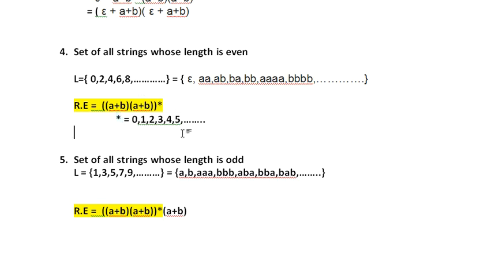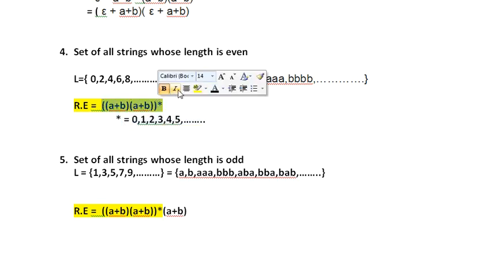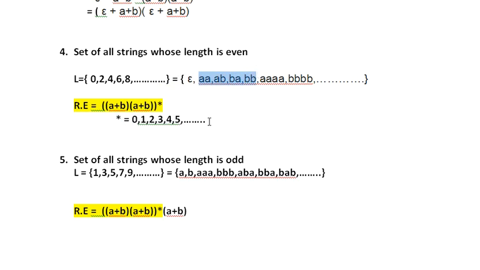This is known as Kleene closure, or generally the asterisk operator. It starts from 0, 1, 2, 3, 4, 5. If the value of the asterisk is 0, then it will be completely epsilon. If it is 1, then it will be (a+b)(a+b), that is aa, ab, ba, bb, that is length equal to 2. If the asterisk value is 2, then it will be this to the power 2, that means 4, which will be length equal to 4.